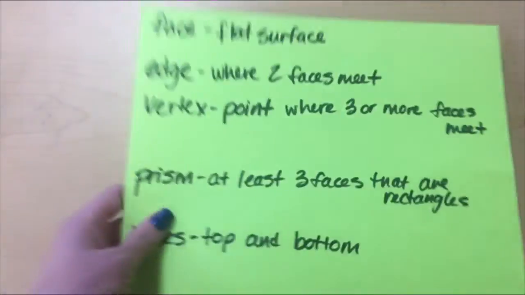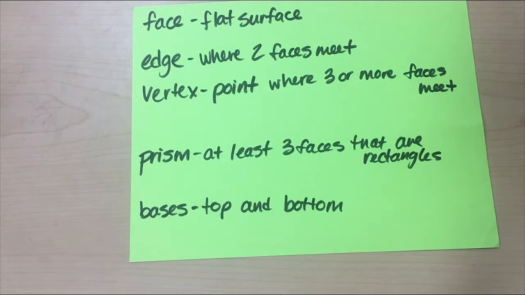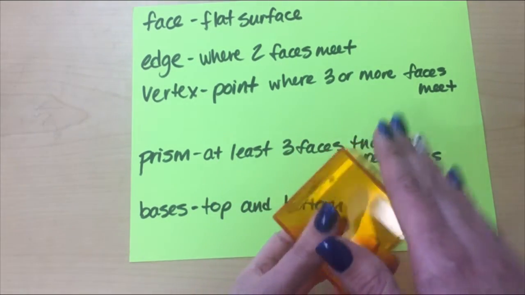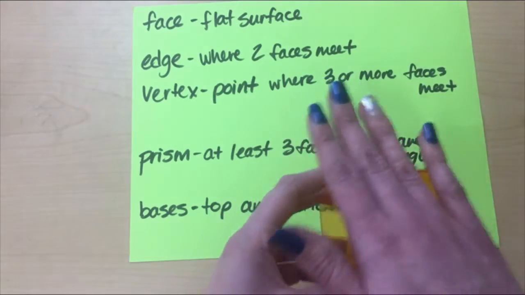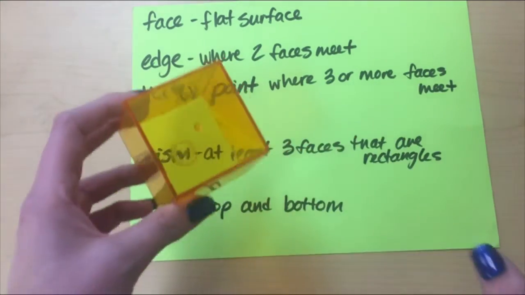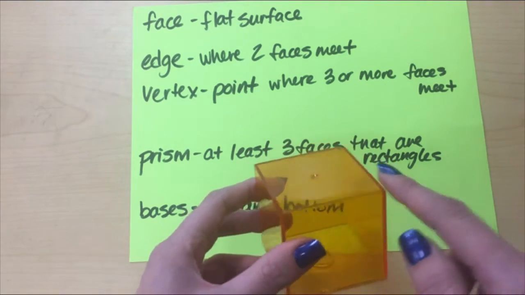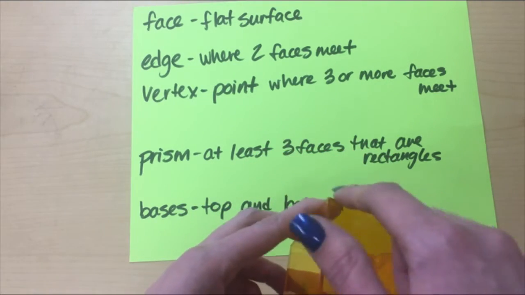Let's go over some of these words again. A face is a flat surface. If we look at this, this is a face, this is a face, this is a face. These are all flat surfaces. An edge is where two faces meet. So this is an edge, this is an edge, that's an edge.